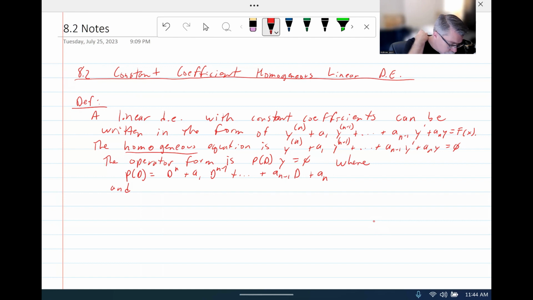And P of D is the polynomial differential operator.